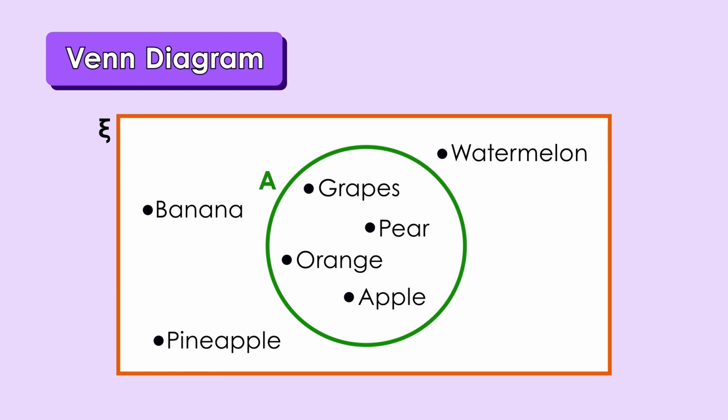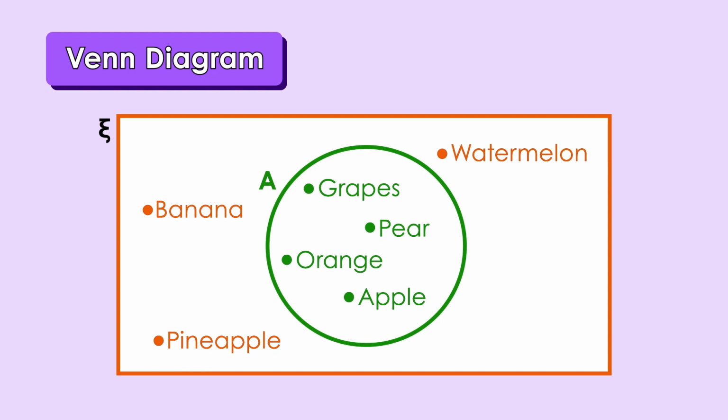All the elements of set A are written in the circle using a dot. Each dot represents an element. Elements that are not included in set A are written randomly outside the circle.